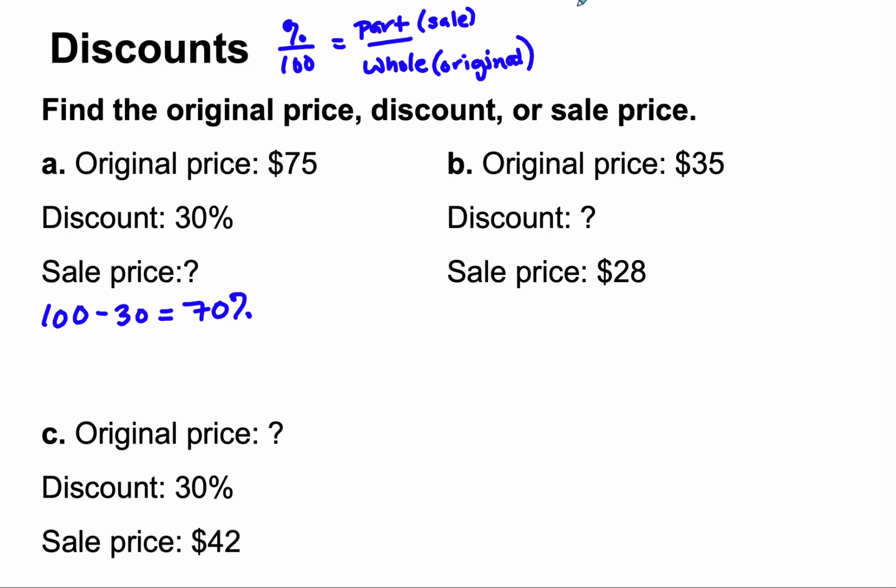If you're a person who likes an equation, remember your equation for percents is part equals percent times whole. And again, the part here is the sale and the whole is the original. And remember, if you like an equation, that percent needs to be a decimal.